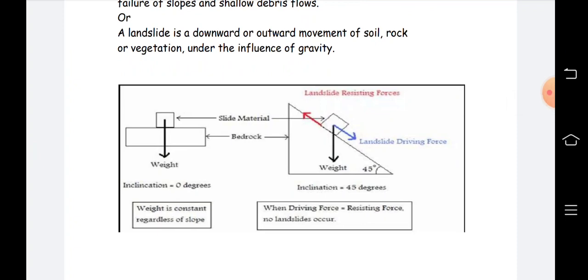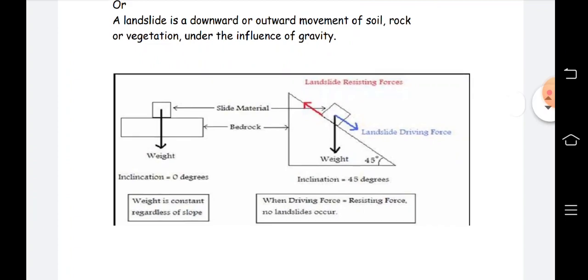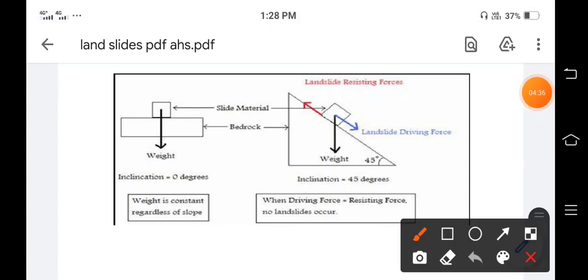Here I am showing two kinds of slope. The first has a constant weight regarding the slope. Here the inclination is 0 degrees, so our slope will be stable. In the second case, the force shown in red is the landslide resisting force, which is nothing but the shearing strength of the material, and the one shown in blue is the landslide driving force, due to which a landslide is caused, that is the shear stress.